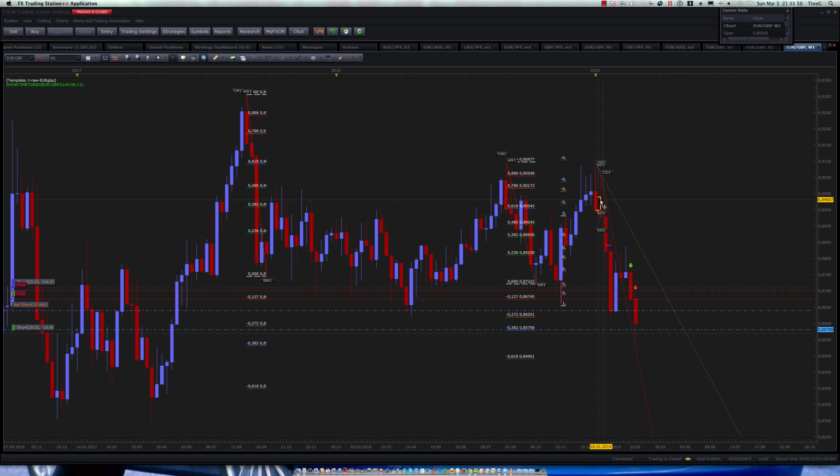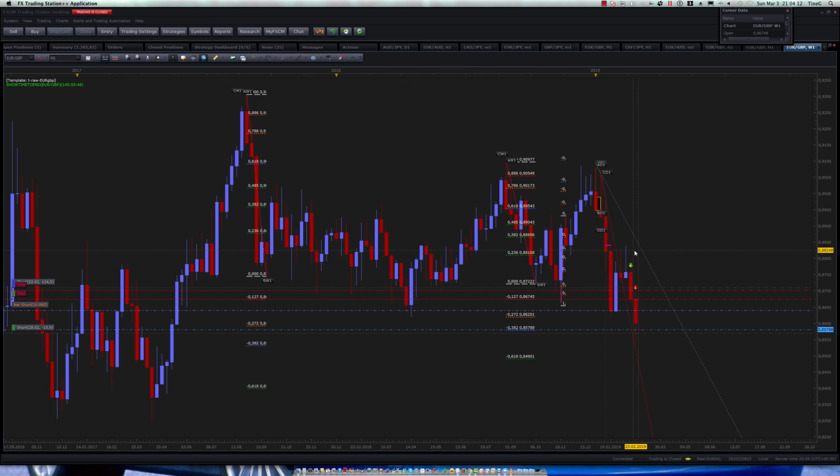I was somewhere here trading downwards, and then the market pulled back, and I was waiting for the market to form another bearish formation.